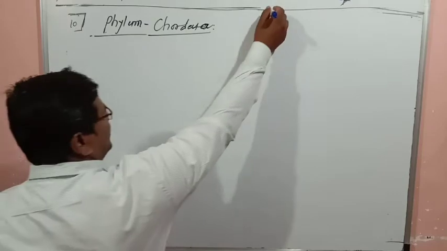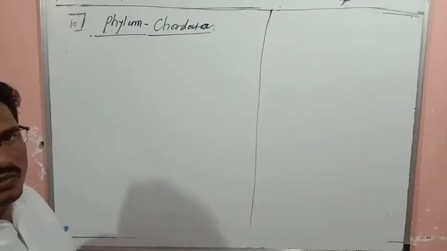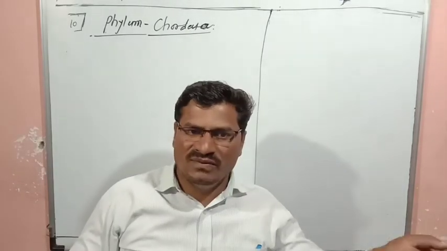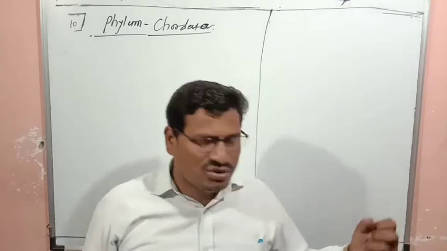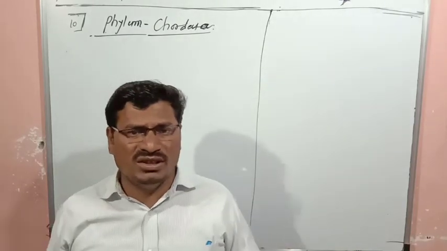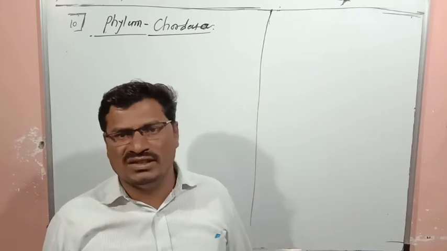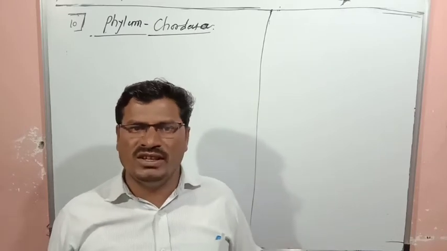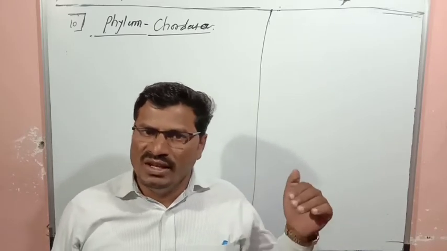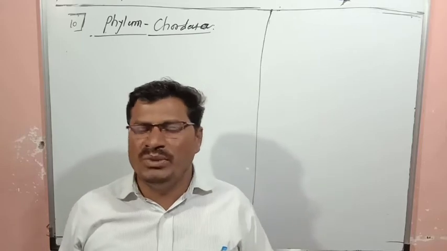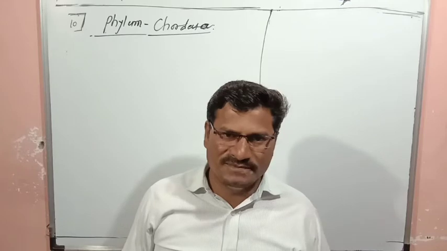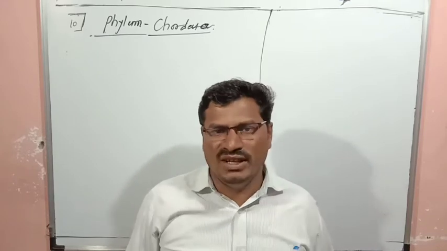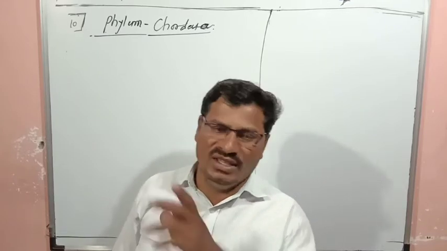Before this we studied the difference between chordates and non-chordates. Now, which are the characteristics of Chordata? First, notochord is present in the body at least at some developmental stage.